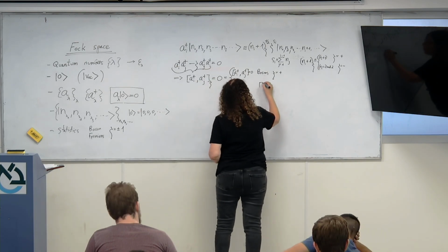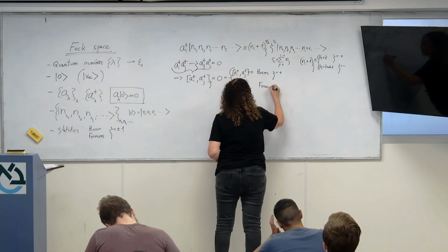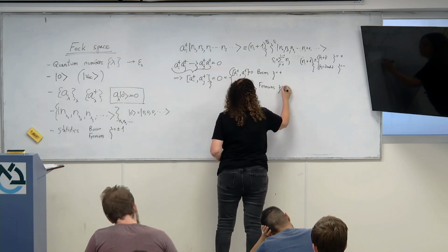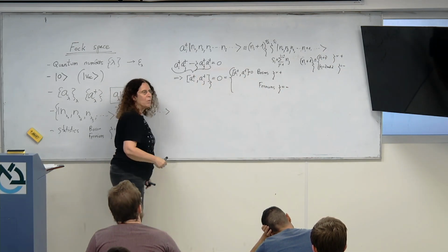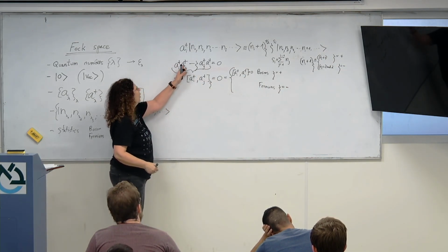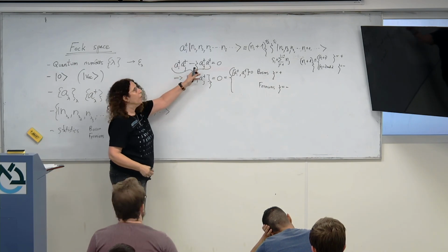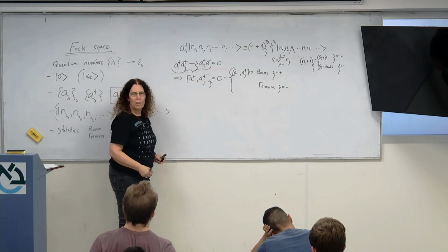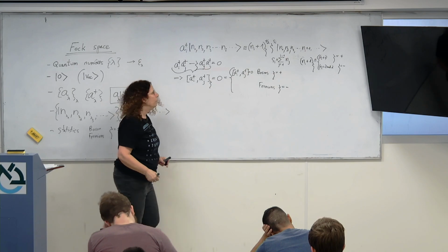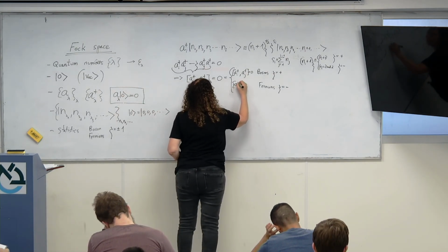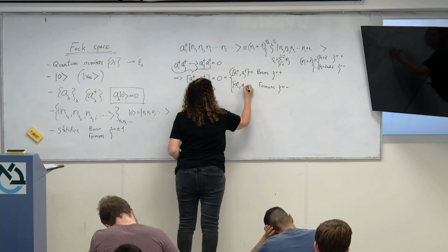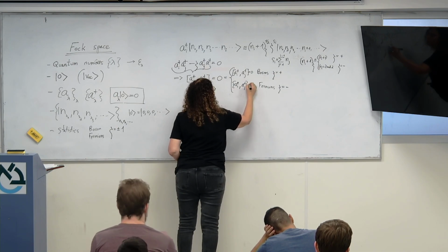For fermions, zeta is minus 1, this becomes a_i dagger a_j dagger plus a_j dagger a_i dagger, which is an anti-commutator. And this is the notation that is usually used. Okay.